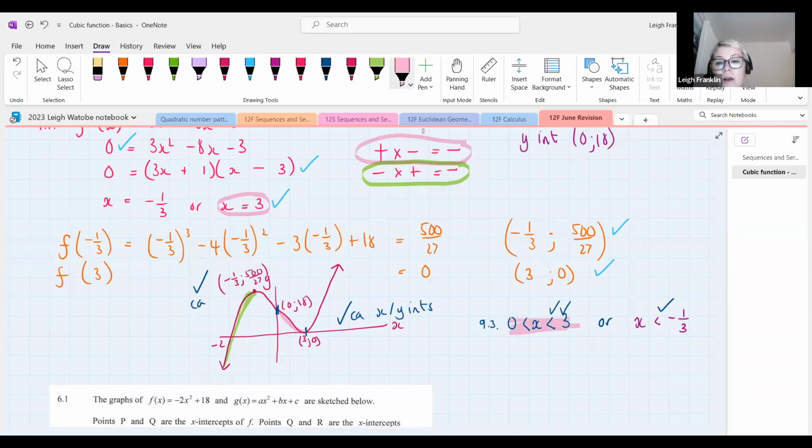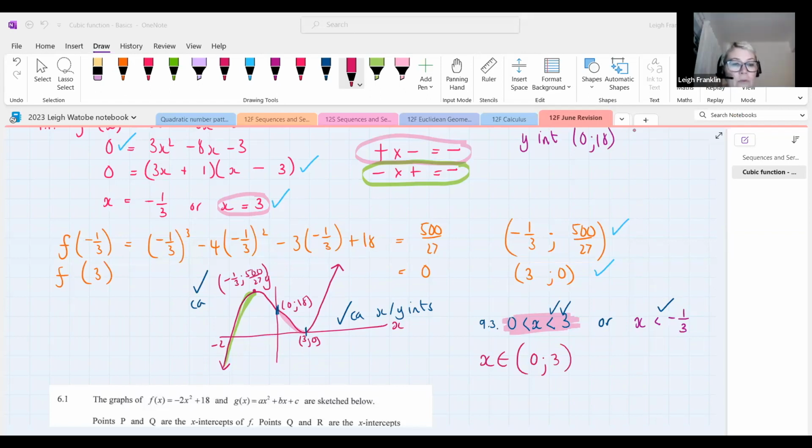When you are writing between 0 and 3, but not including 0 and 3, you can only write it like that. The only other way that you're allowed to write it is like this: x is an element of, and then you've got to use round brackets. That's the only other way you'd be able to write it.